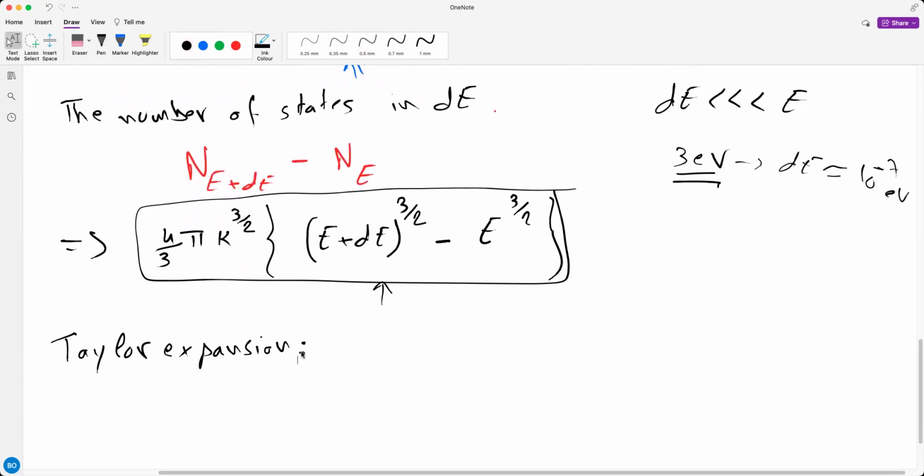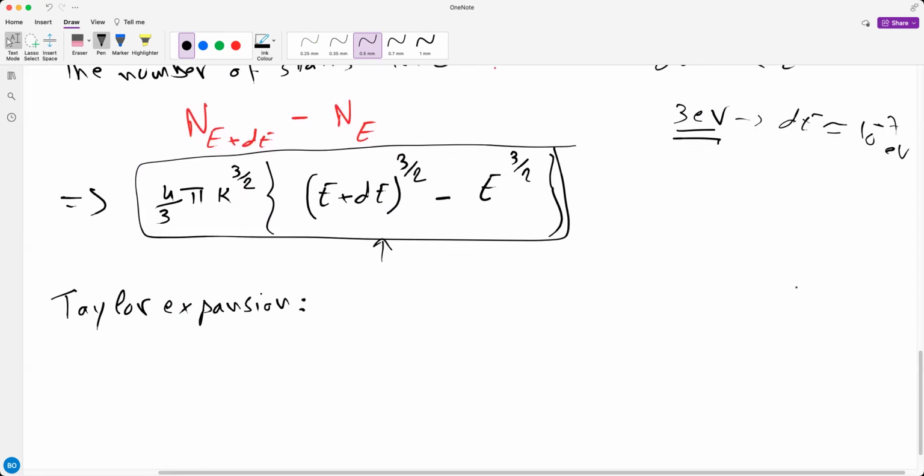So who can remind me of the Taylor expansion? You have seen this in calculus, right? I think in calculus 2. So Taylor expansion tells us that I can approximate, for a continuous function, f of a plus h.